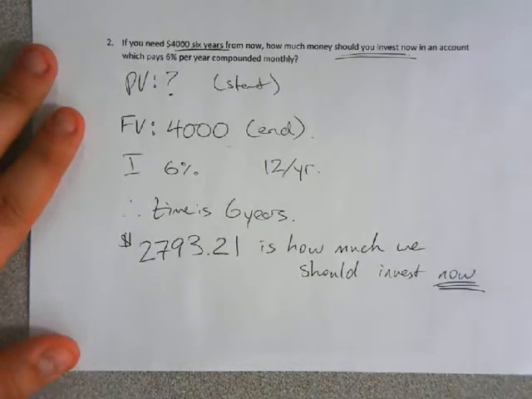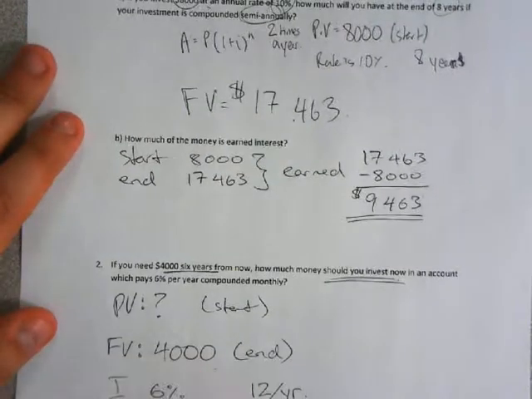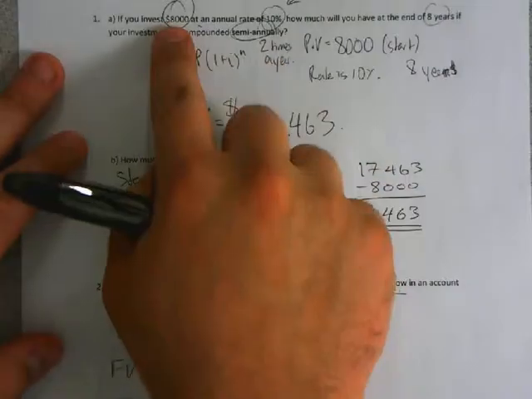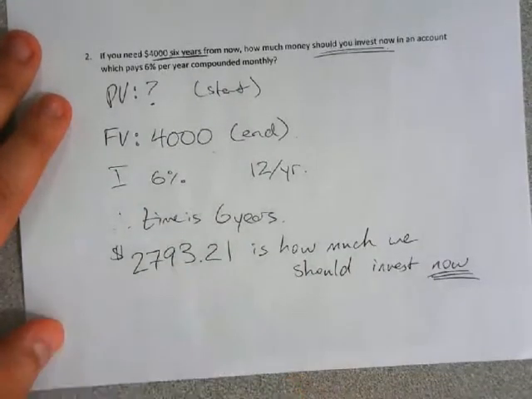Okay, so we found the present value given the final amount. So now notice that using that calculator, we can either be given the beginning amount and find out what we have at the end, or we could be given the end amount and find out what we need at the beginning. Okay?